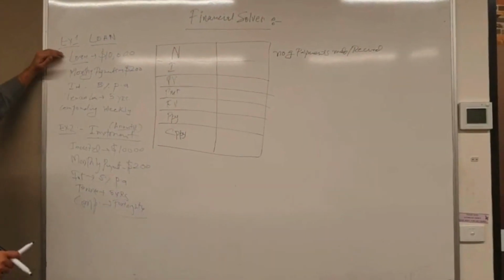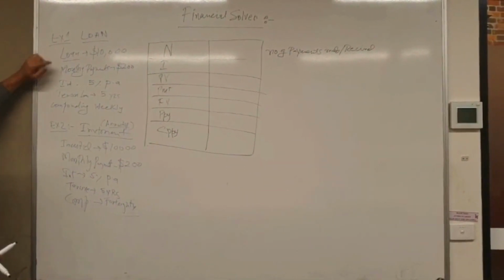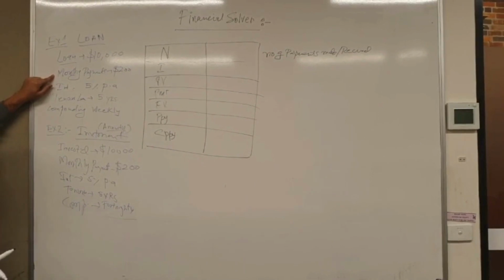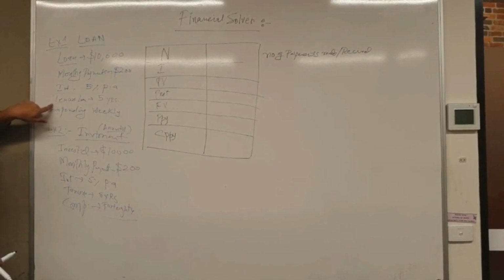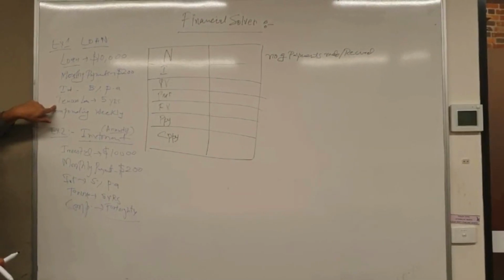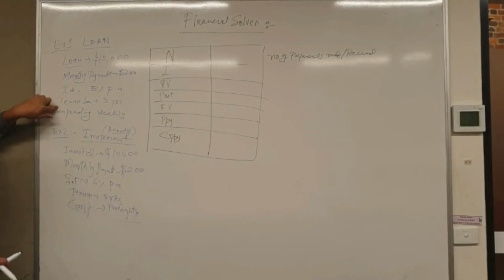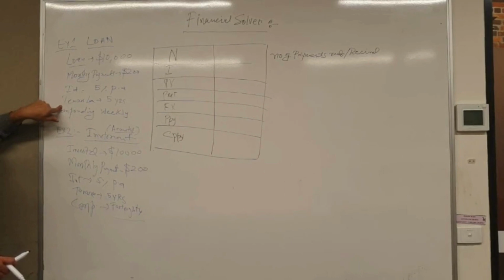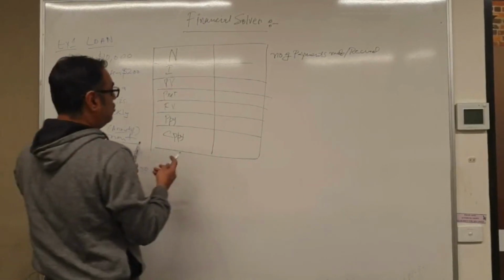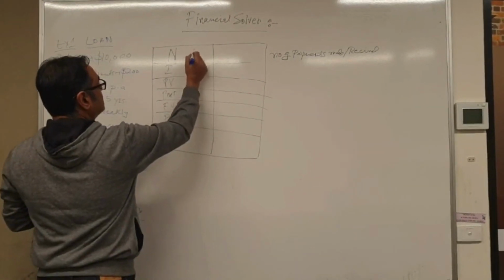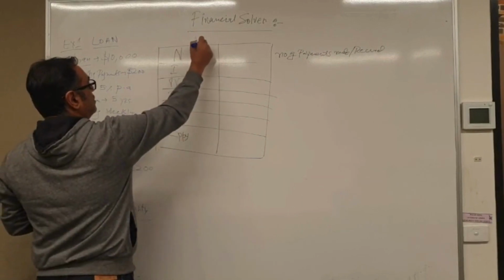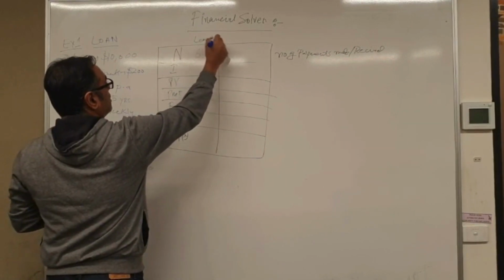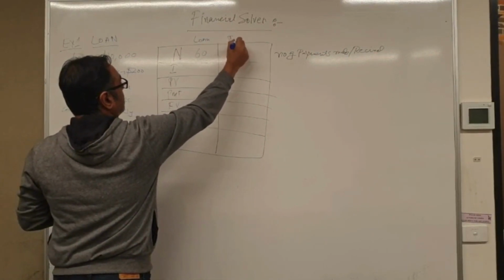In case of loan, this guy is making monthly payments and tenure is 5 years. So how many payments are involved? 12 times 5, 60 payments, right, Ethan? So your loan has 60 payments. This is loan, and this is annuity.